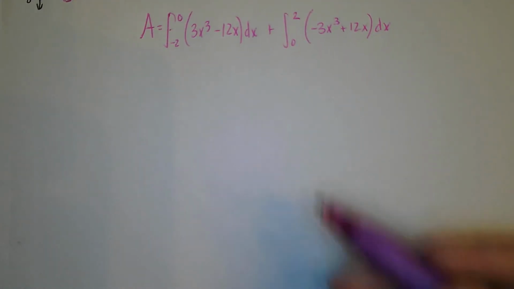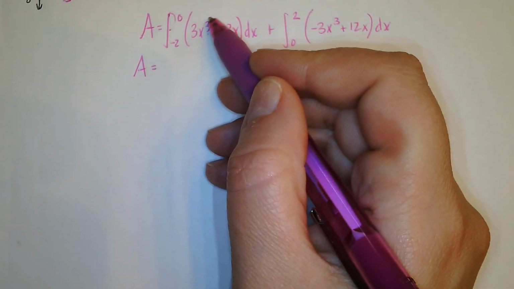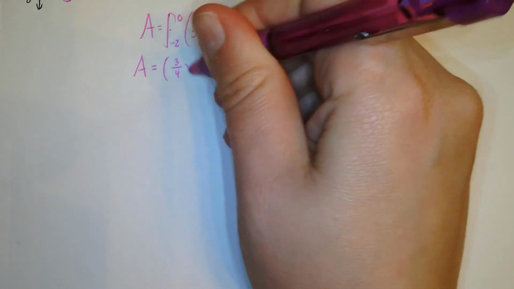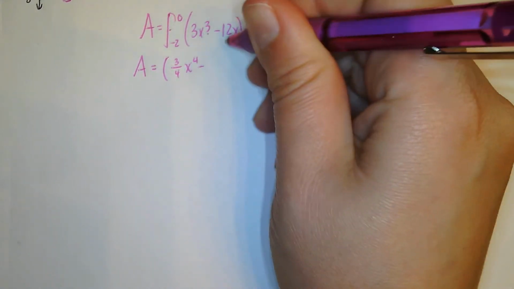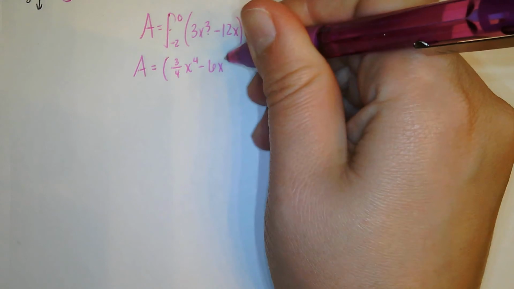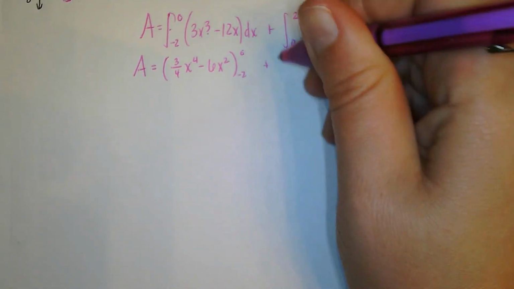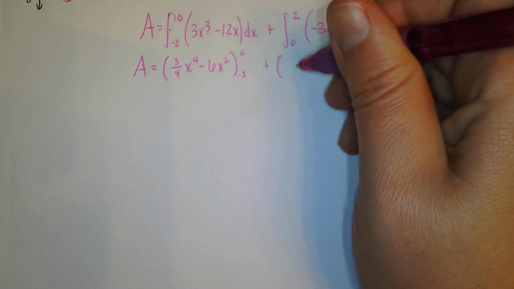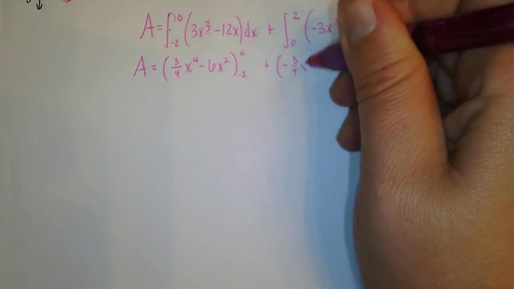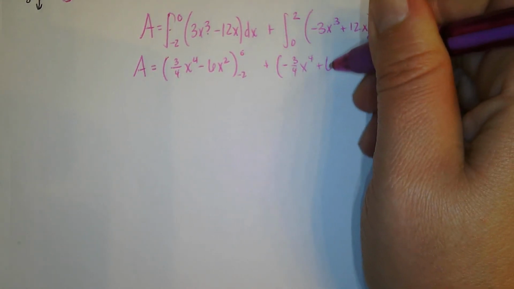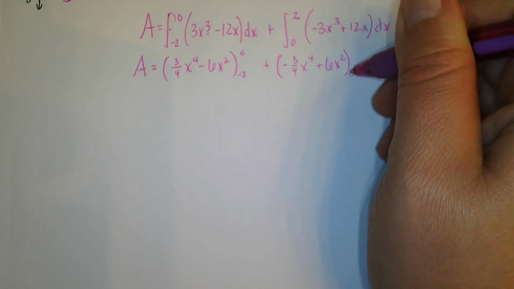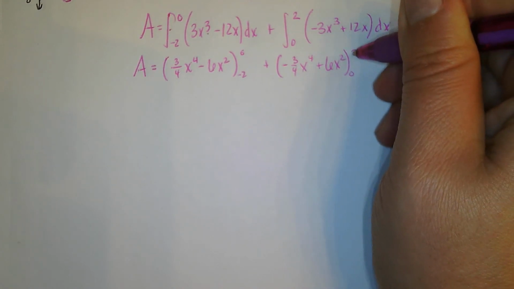All right, now we just have to go through and solve. Let's do the integrals. I'm going to add 1, which is going to make that 4, and get the reciprocal, so 3/4 x to the 4th minus 6x squared from -2 to 0 plus negative 3/4 x to the 4th plus 6x squared from 0 to 2.